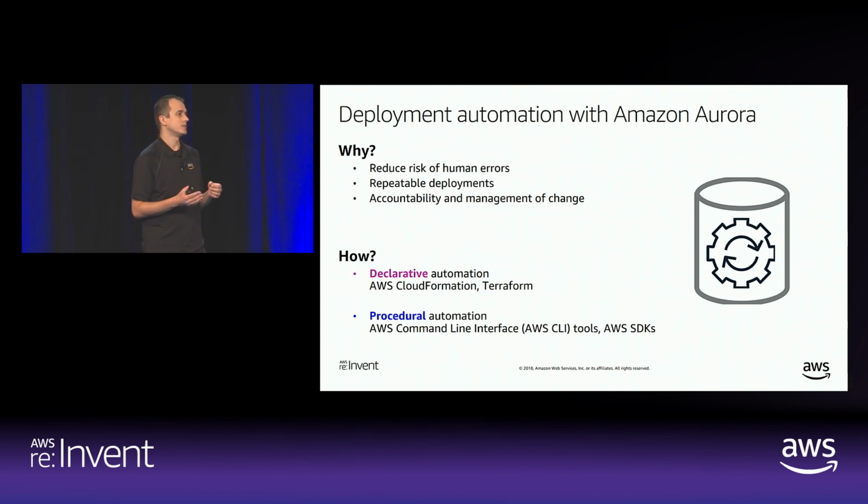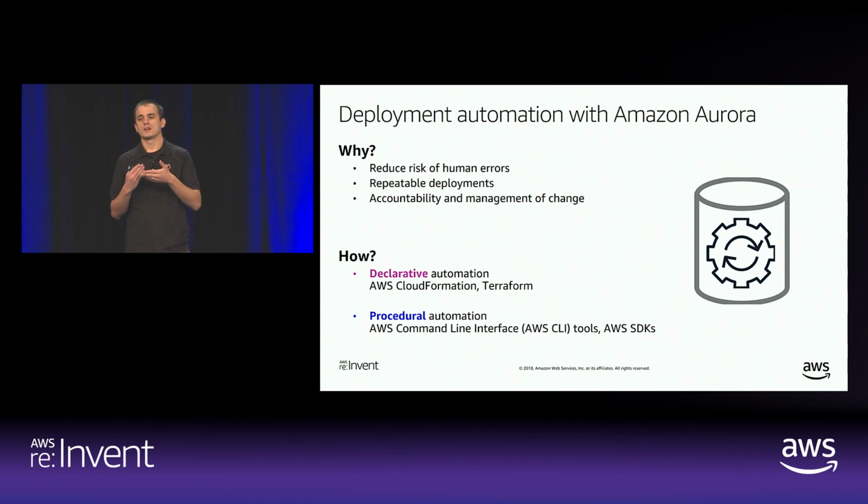You want to ensure that you have repeatability, especially if you want to provision many pre-production environments that are all consistent with what production looks like. And there's auditability, accountability, and change management that comes into play there as well. You always know what changes are made because they're captured somewhere, either in the form of a script or in the form of a template that evolves over time, right?